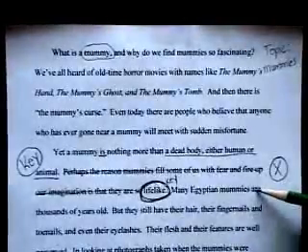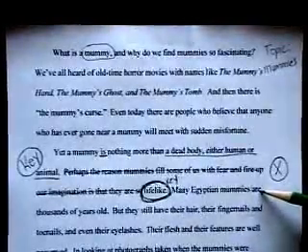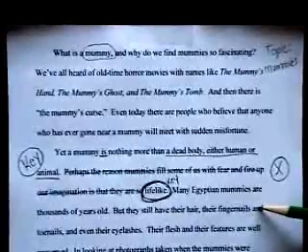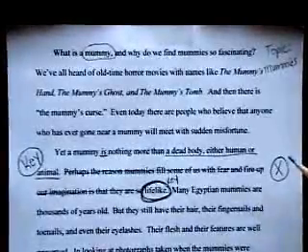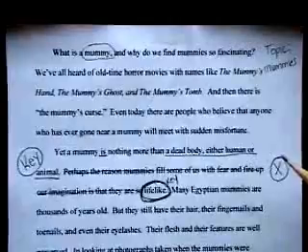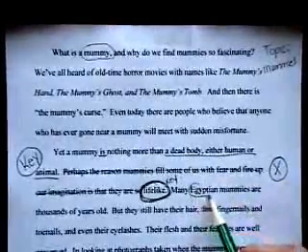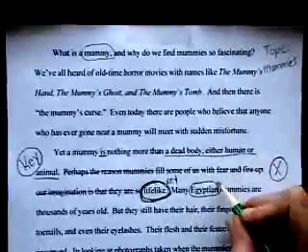Next sentence. Many Egyptian mummies are thousands of years old. Okay, well, who, what, where, when, why, and how. Where? Egypt. That seems kind of key.